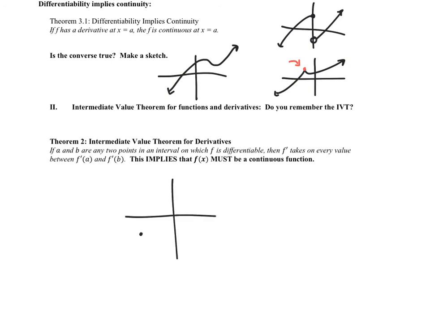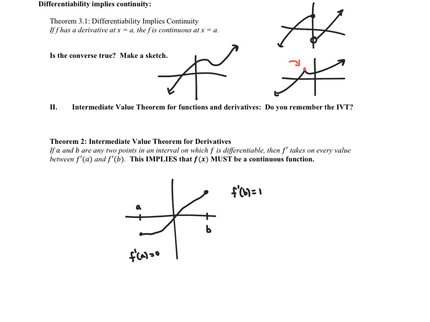Let's say that we've got a and we've got b, and the slope at a is 0 and the slope at b is 1. Okay, so f prime at b equals 1 and f prime at a equals 0.